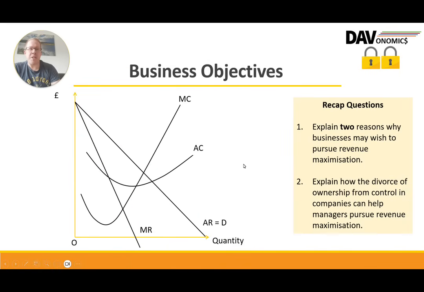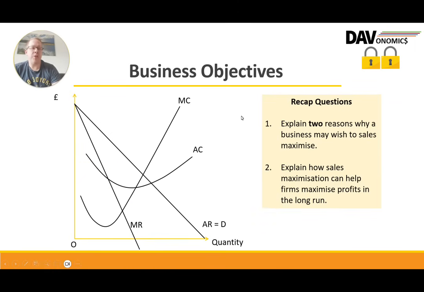They also test quite a lot on the business objectives. So we've said profit maximisation, MC equals MR, but we saw a minute ago, to maximise revenue, then MR equals 0. If you just read off that quantity line, find out where that is and read it all off from this. That's your profit, maximising total revenue.